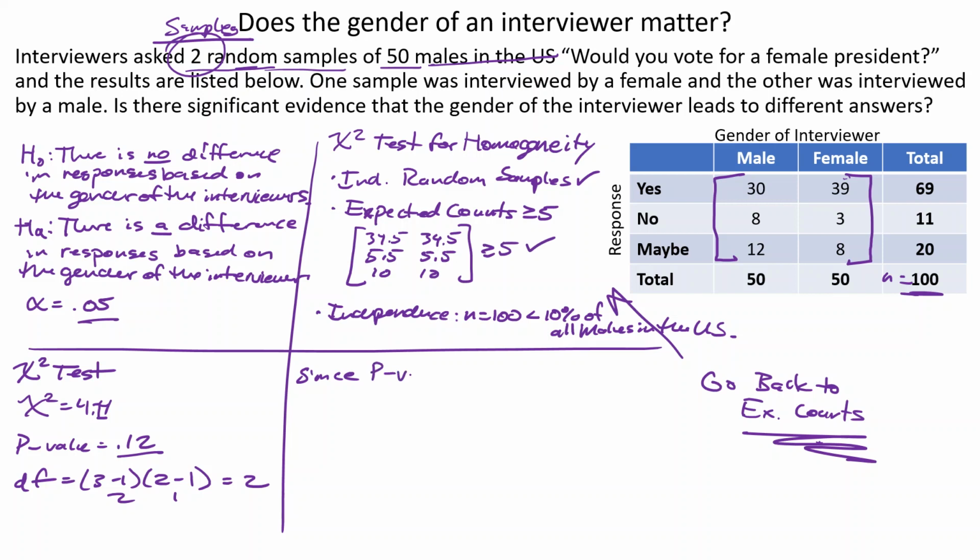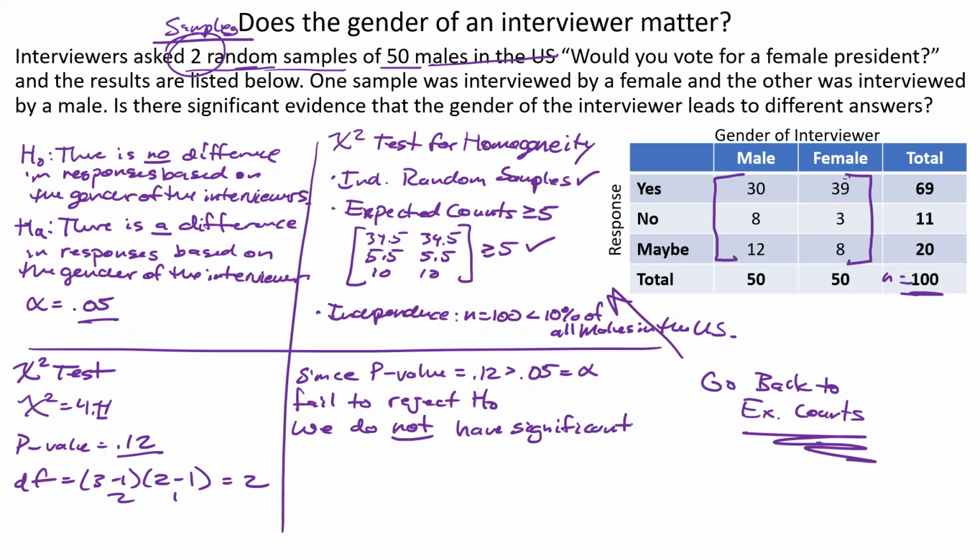Since the p-value equals 0.12 is greater than 0.05, which is my alpha, we fail to reject the null hypothesis. In other words, we do not have significant evidence that there is a difference.